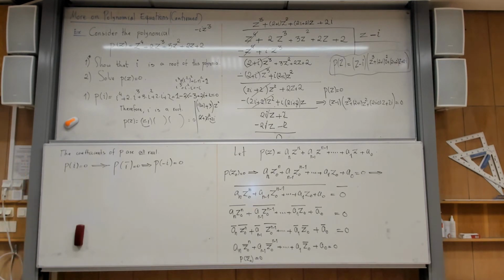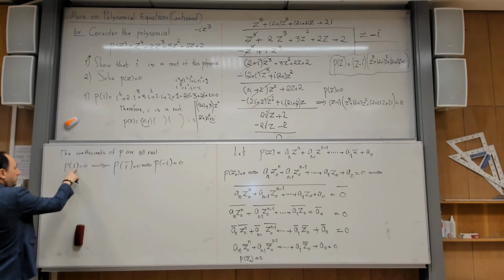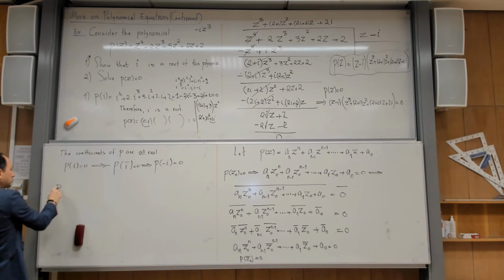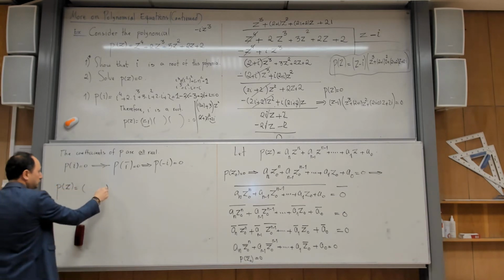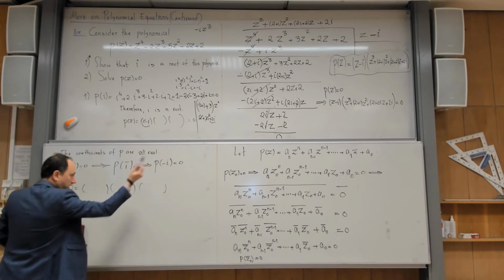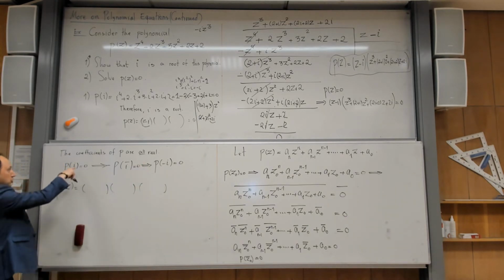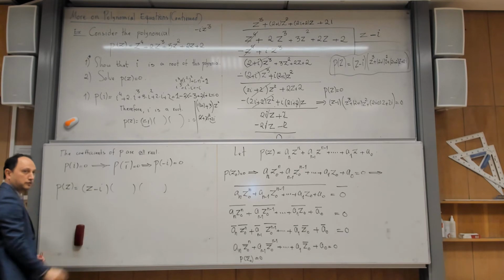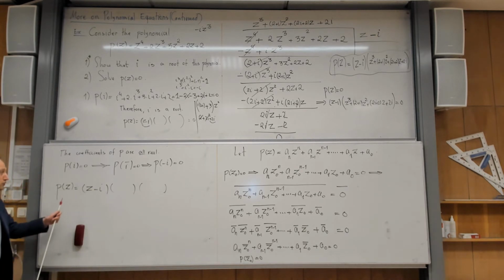Now let us see how this will help to solve the problem that I couldn't solve before. Because when you say P of i is 0, now I know something more. I told you that if I ask you to factorize this, I don't know how many pair of brackets I will face, but I know that z minus i is one of them. I now know one thing more, which I didn't know before.